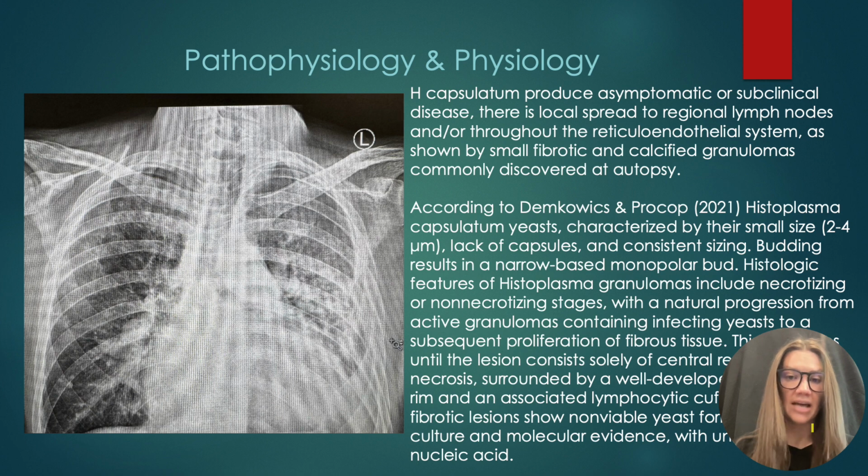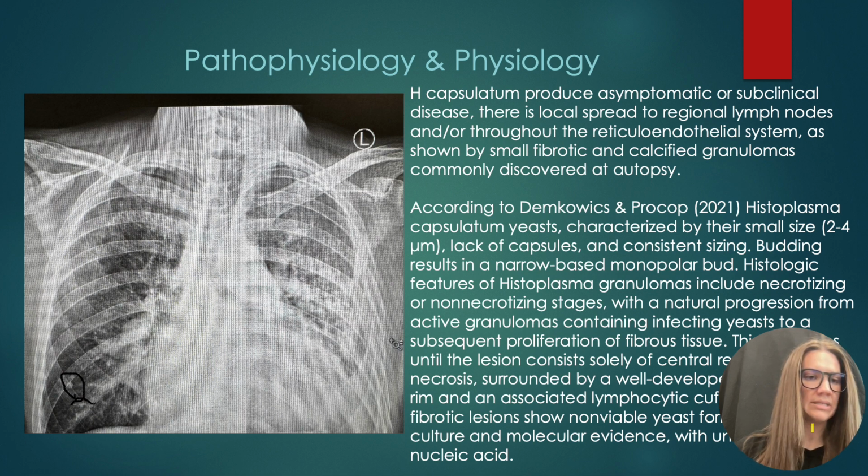So if you look at this x-ray, which is an x-ray of him, as I said earlier, if you look at the bottom left corner, which will be his right lower lobe, you will see these small capsules here and throughout his lungs, and this will be the budding yeast.